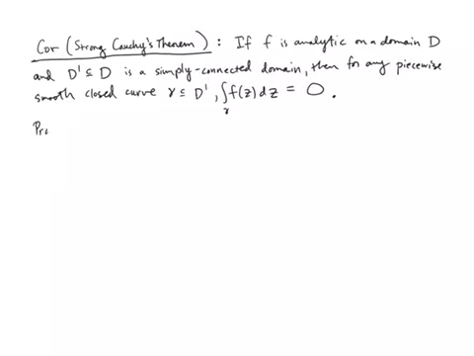Okay, and the proof is amazingly simple. So little f has an antiderivative, big F, on D prime. So the integral around gamma of f of z dz is just equal to capital F at gamma at some time, it doesn't really matter, it's going to go back around to the same point, minus F of gamma at c, and that's equal to 0.